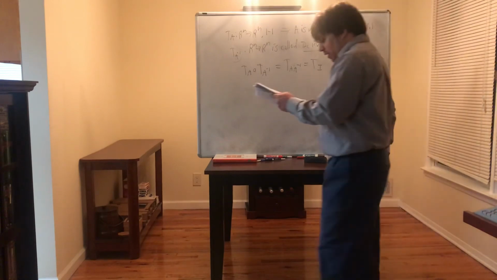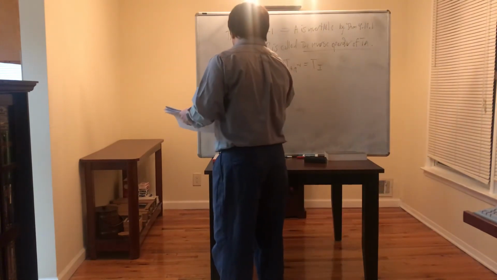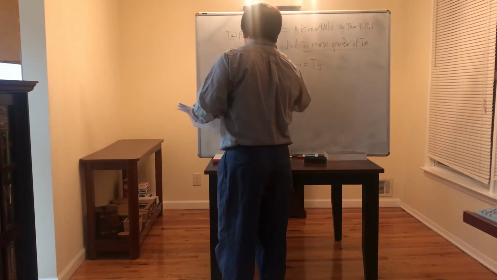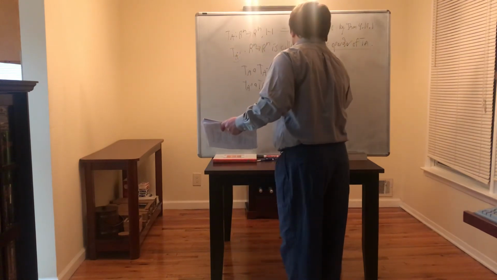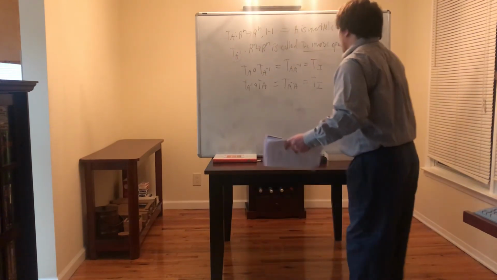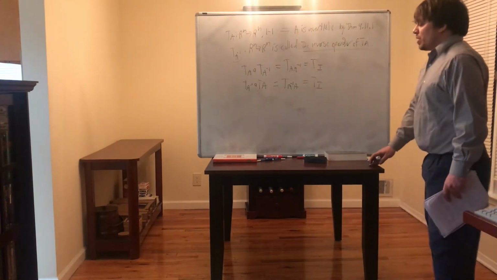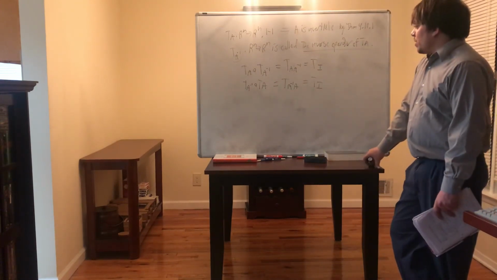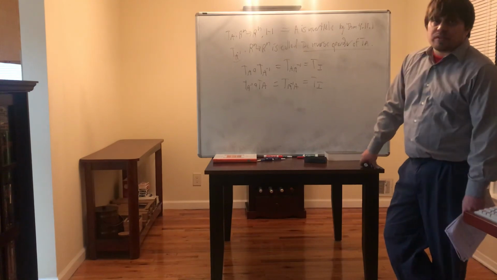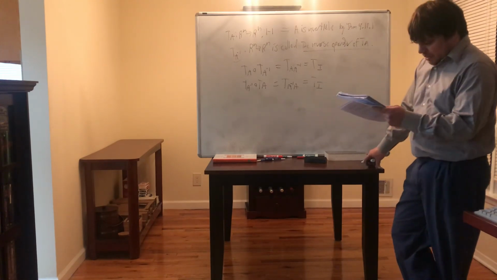You end up with the same thing you started. So T sub A inverse composed with T sub A is T sub A inverse A, and that's equal to T sub I also. Composing in either order is just the identity function. You get back the same thing you started.